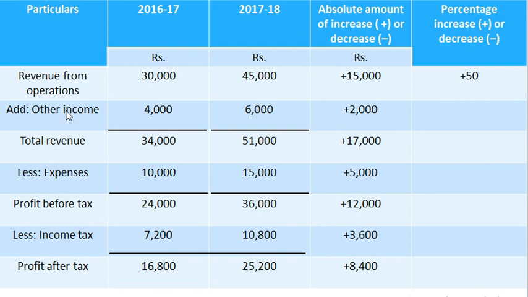Similarly, we have to find the percentage for the rest of the particulars, that is 2,000 by 4,000 into 100, 17,000 by 34,000 into 100, 5,000 by 10,000 into 100, 12,000 by 24,000 into 100, 3,600 by 7,200 into 100, 8,400 by 16,800 into 100.